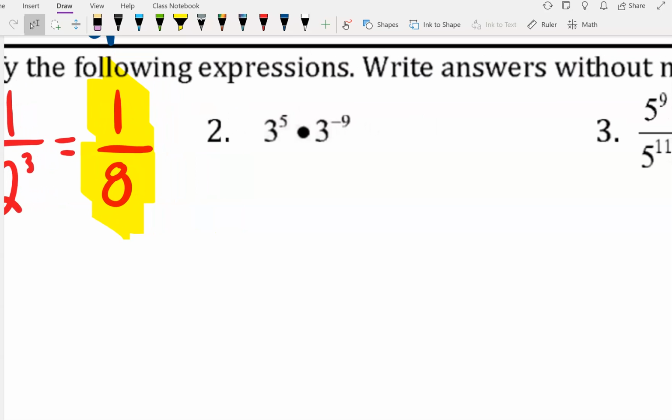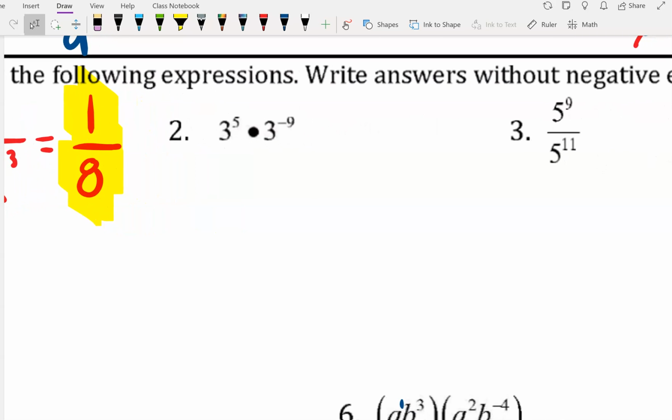All right. Next one, we're going to have to do some operations besides just getting rid of the negative exponent. There's a couple different ways you can do this. One way is to just do our normal exponent rules. Right here we're multiplying like bases. The bases are both 3, so we add the exponents. The base stays the same. 5 plus negative 9 is going to be negative 4.